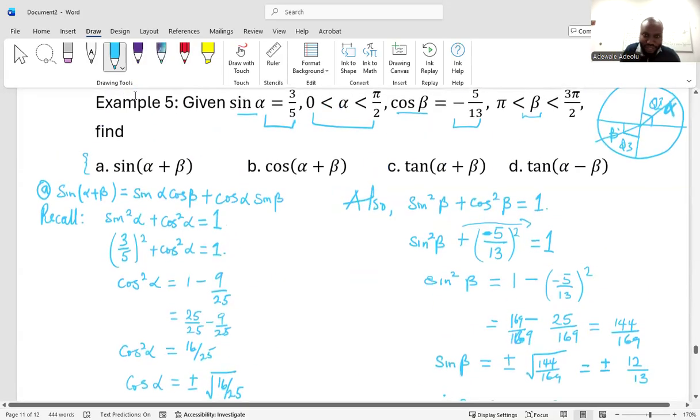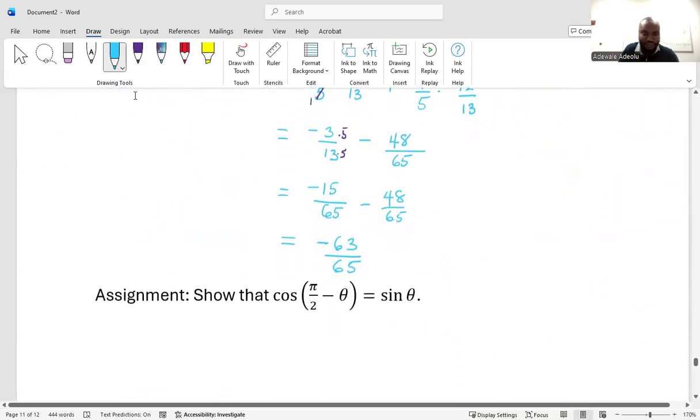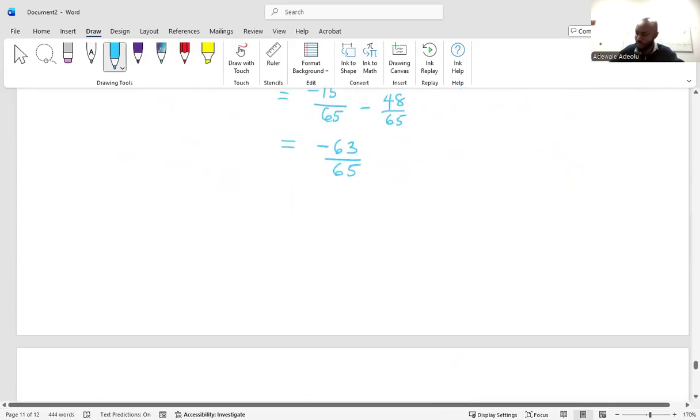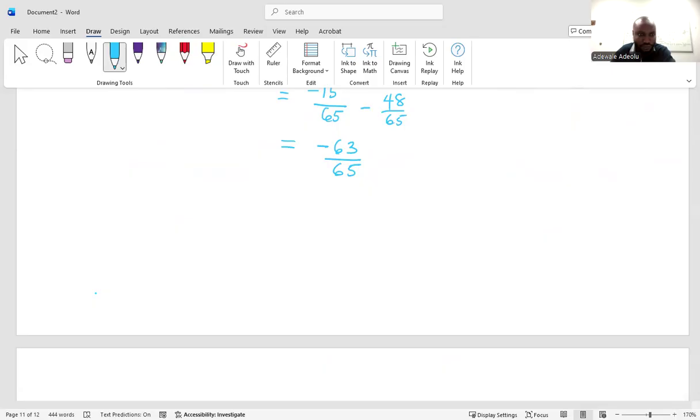The next one is cosine of alpha plus beta. So there is nothing fancy here that we are doing now. We're just filling in what we've had. Cosine of alpha plus beta. So, which is cosine of the first angle multiplied by cosine of the second angle minus, since here is positive, so that is minus sine of alpha, sine of beta.